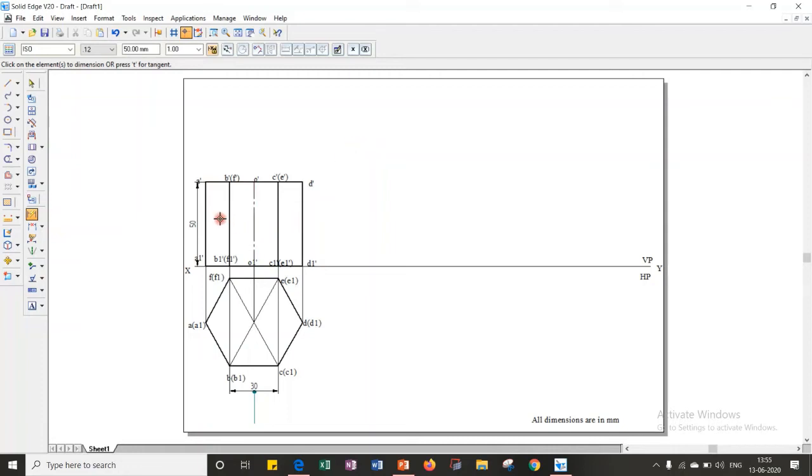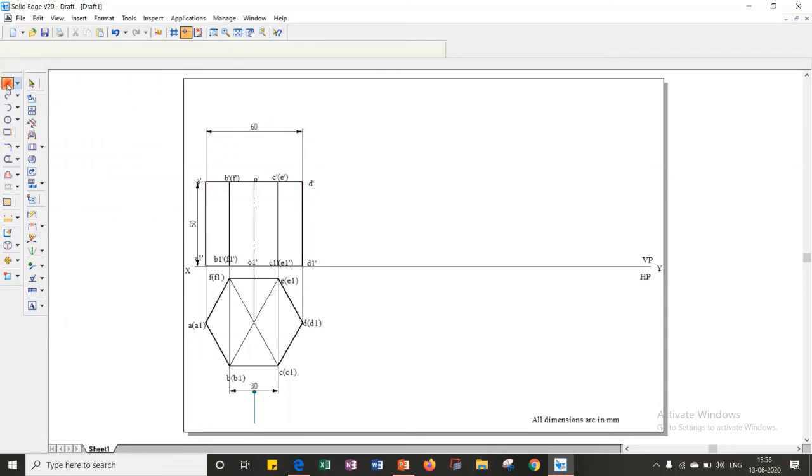In the second step, the same image you have to copy from first step to second step, but this base edge should be making an angle of 60 degrees. So while doing it manually, first draw this base edge A1 dash D1 dash inclined at 60 degrees. For that you have to find out this dimension. This dimension is 60.